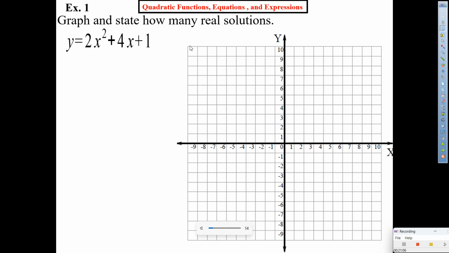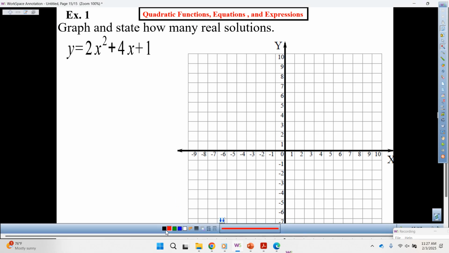It says, graph and state how many real solutions. So first things first, let's set this equal to 0. So 0 equals 2x squared plus 4x plus 1. Today I'm going to show you a strategy that you're going to apply tonight for your homework. What we're going to do is get rid of the constant right now.